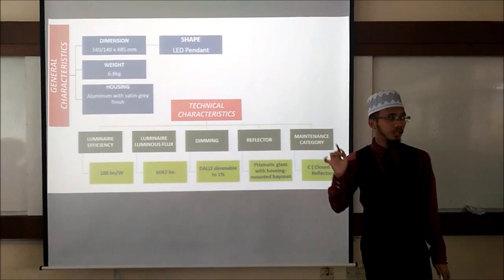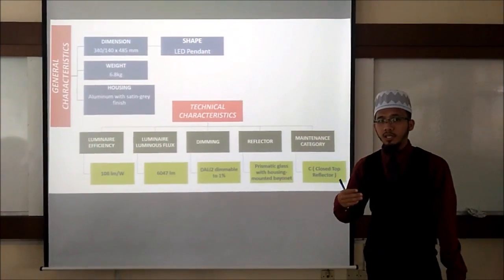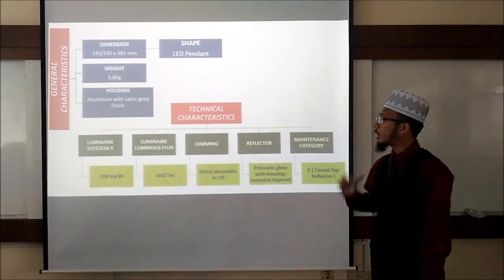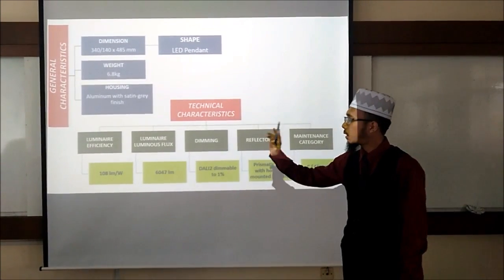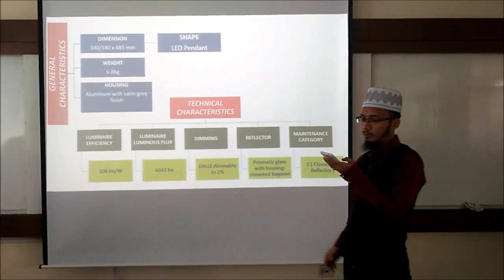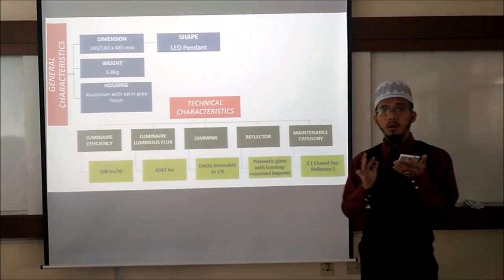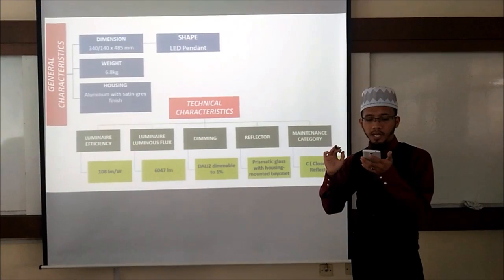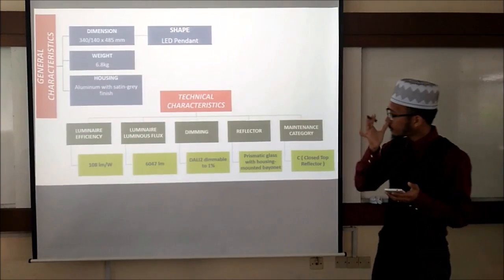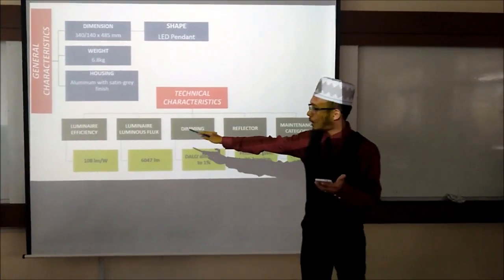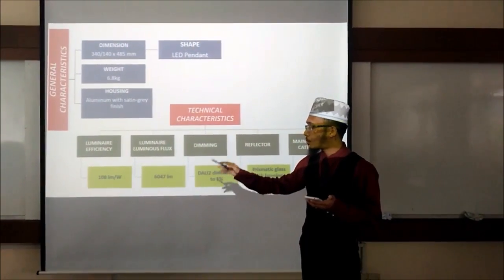For the technical characteristics that will be considered in our calculation and in choosing our luminaire, first is luminaire efficiency. Luminaire efficiency in short is the percentage of light output produced by the lamps that is in turn emitted by the luminaire. As you can see, the luminaire efficiency is about 108 lumens per watt.